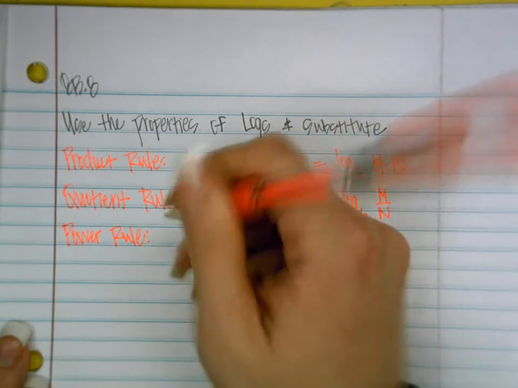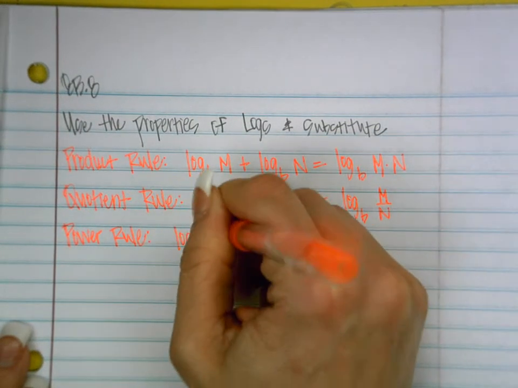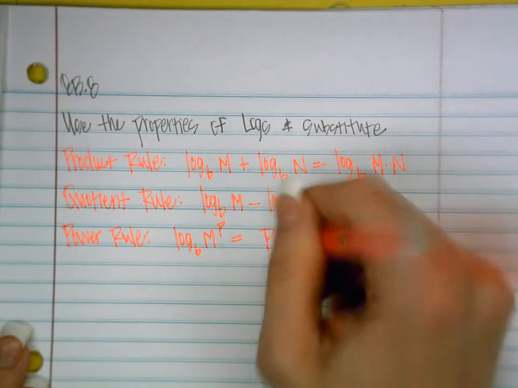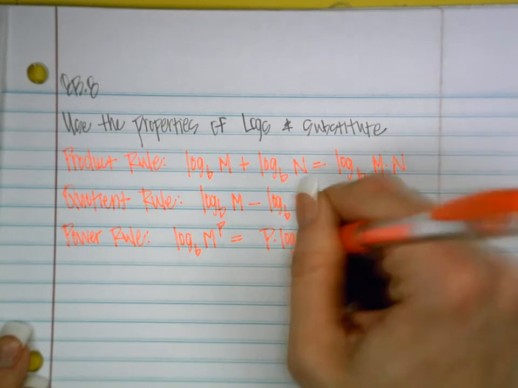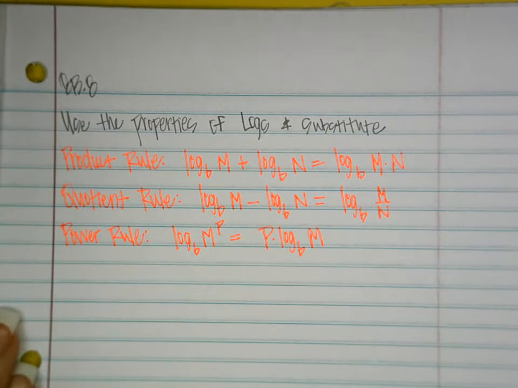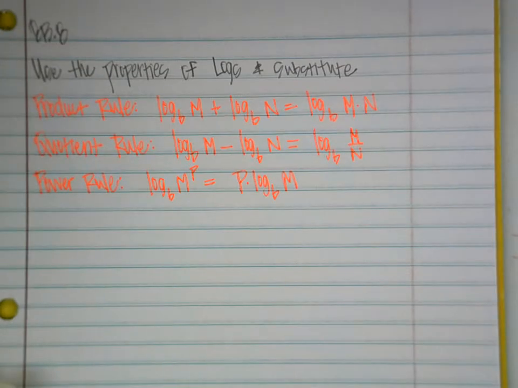The power rule tells you that log base b of m to the p power is equal to p multiplied by log base b of m. So that was the one that I told you was kind of like walking your dog. The dog can only walk to the front of its owner. It can only go as far as its leash will allow.